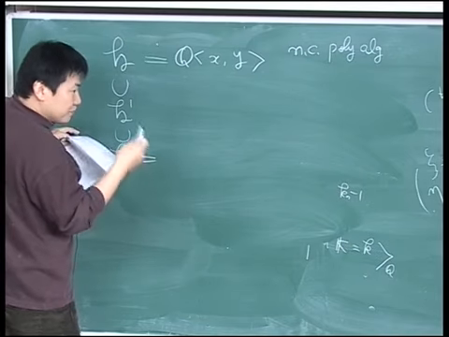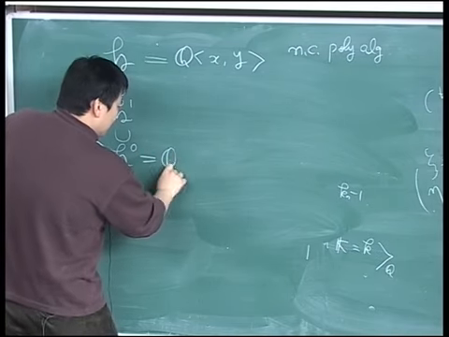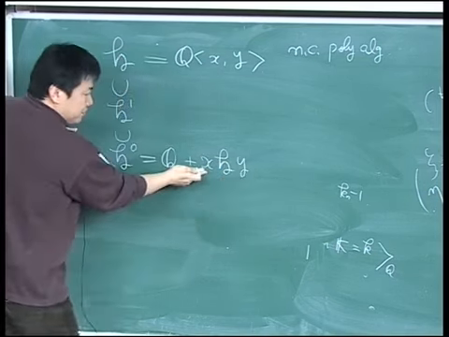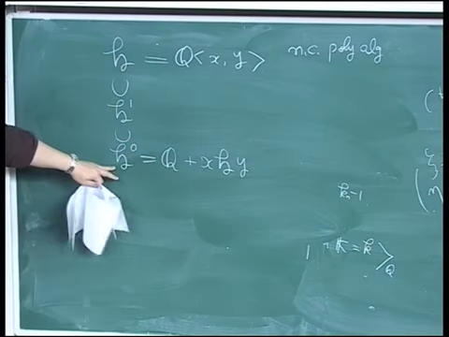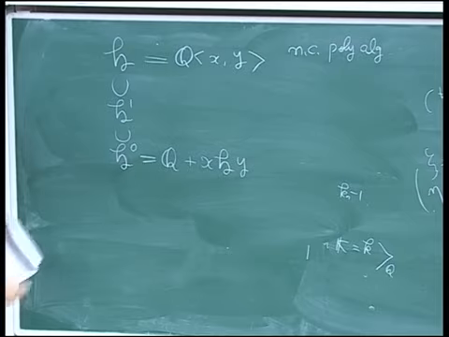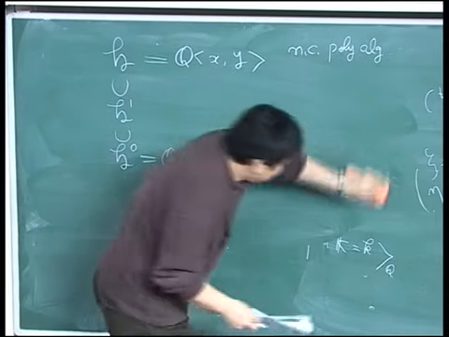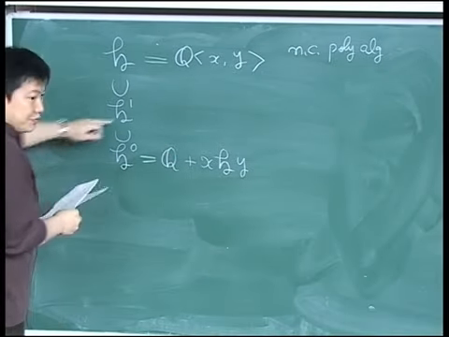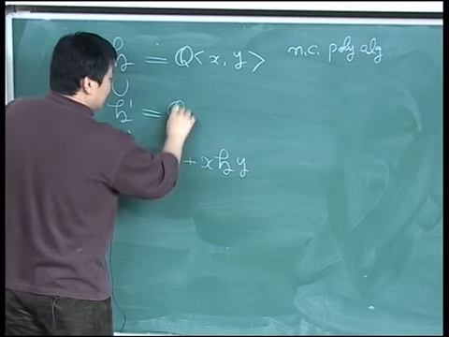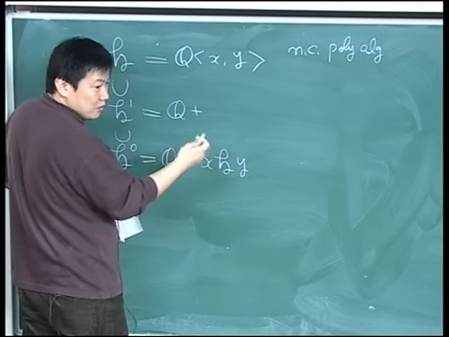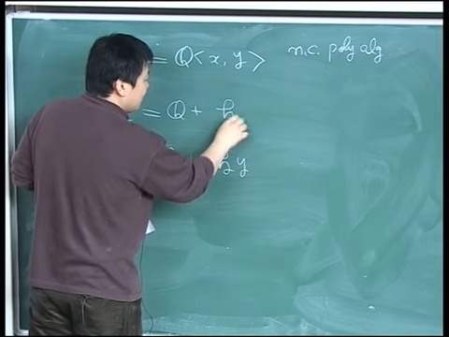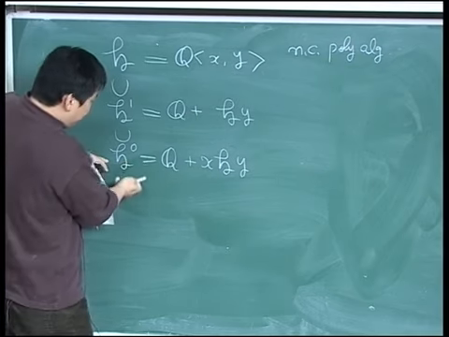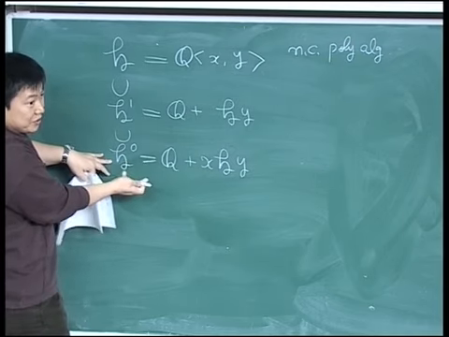Each word should start with x and end in y, plus the constant term. This is a subspace of H. For later use, as a middle space, H1 is defined by the constant term and the other terms consisting of words ending in y. And the elements of this space express Q-linear combinations of multiple zeta values.